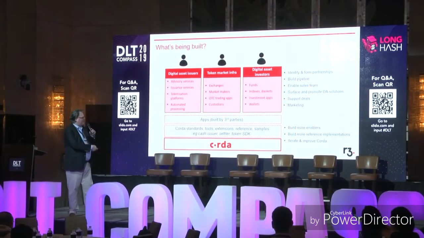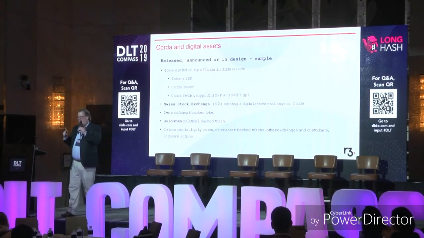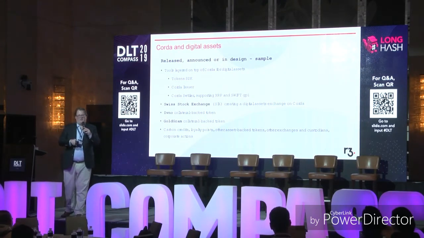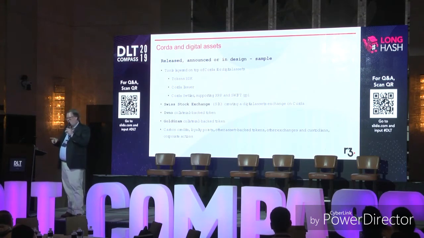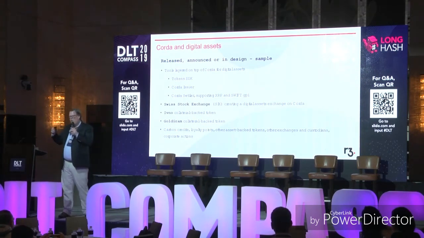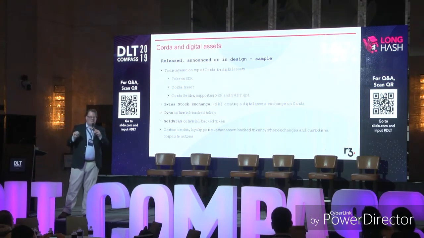So we've started to look a lot more closely at the digital asset space. We have a number of tokens and coins that we're building for private networks. They're not going on public networks. They will be for folks that want to do whitelisted trading, create a digital marketplace, or represent a particular kind of asset class.